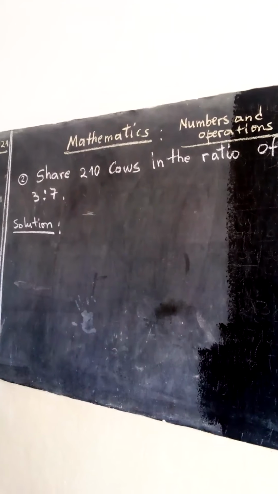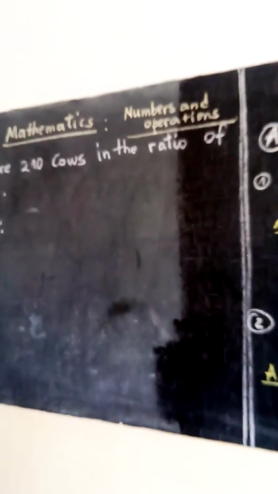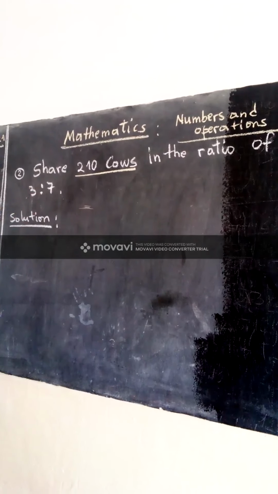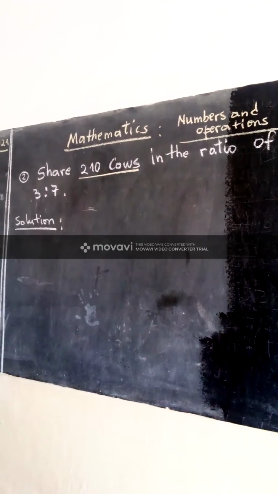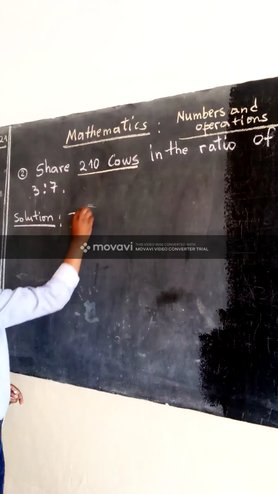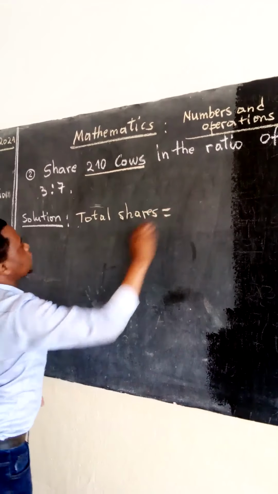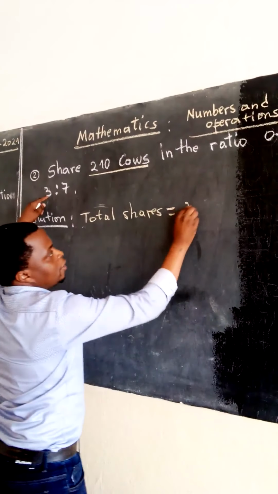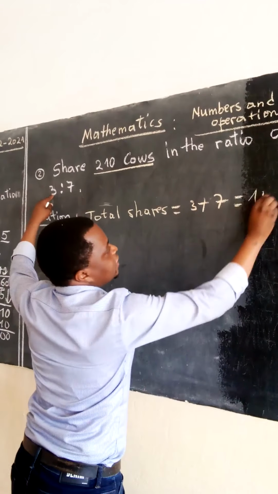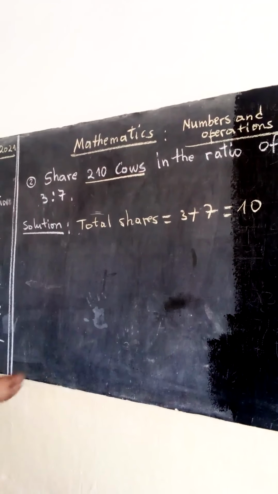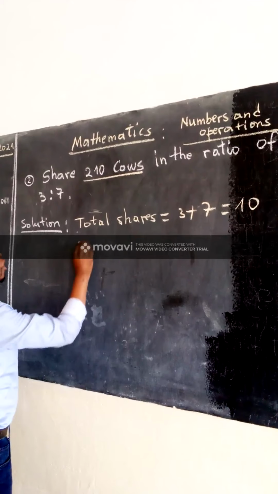Now, second example, share 210 cows in the ratio of 3 to 7. You remember we have first total shares. We have 3 plus 7 to get 10 shares. After the second step, we have to find one share.